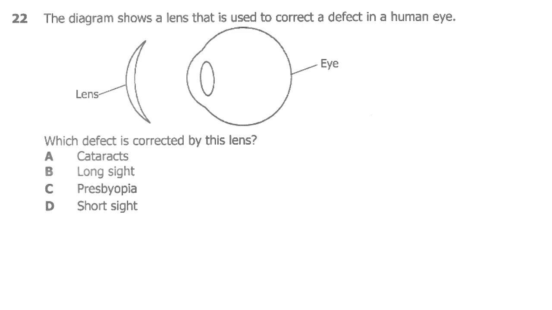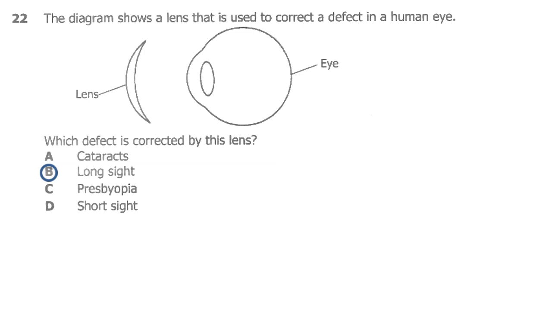What defect is corrected by a convex lens? So here our answer will be B, long sight. For long sight we use a convex lens, and for short sight we use a biconcave lens or a diverging lens. So that's the answer for question number 22, B.